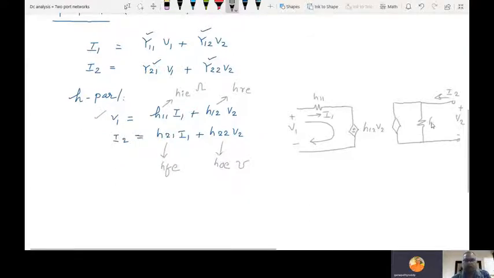And this is H22. When you write the nodal equation, I2 is equal to what? H21 I1 is a current that should go down.